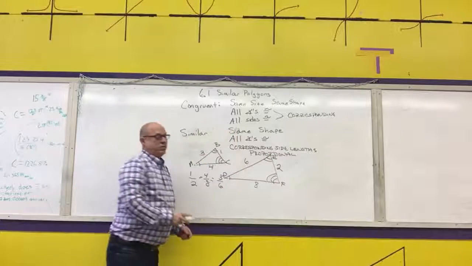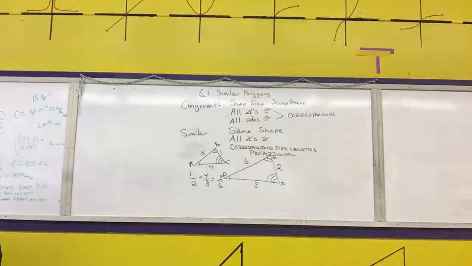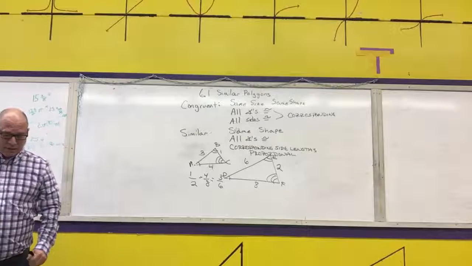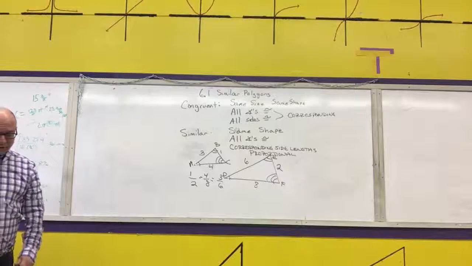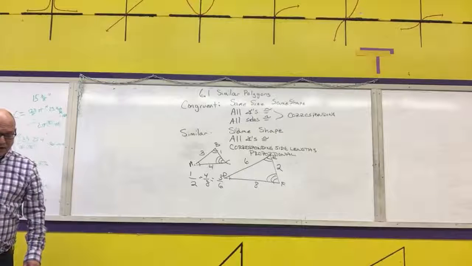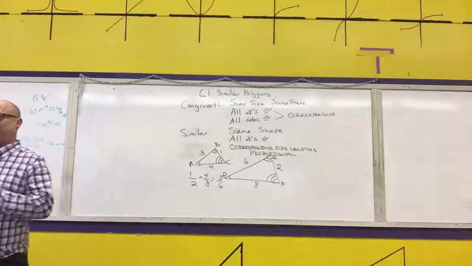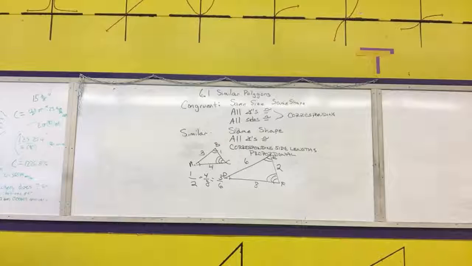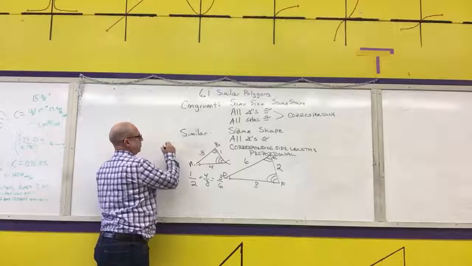So I have now labeled the two triangles. Part of your work today is to list all pairs of congruent angles, and then write the ratios of the corresponding side lengths using a statement of proportionality. So here, angle A is congruent to which angle?